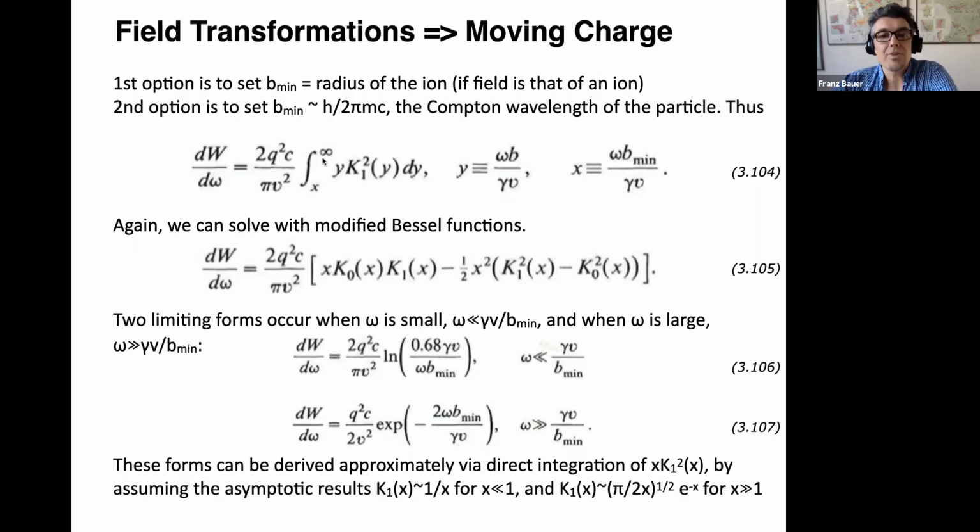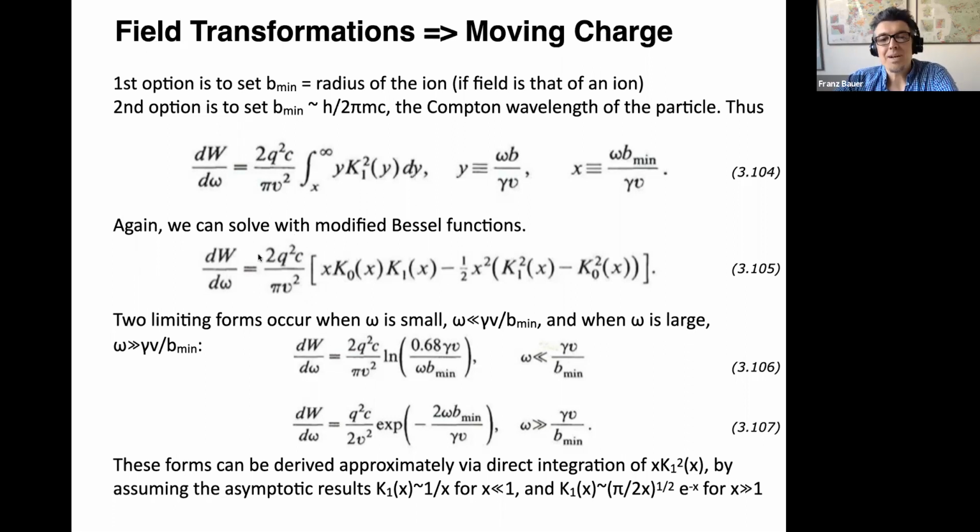So we have this lovely integral between x and infinity, where we're evaluating this thing. And here we have a couple of variable substitutions. So y is this, and x is this. And this can end up being solved by a series of modified Bessel functions, which is, again, not pretty.